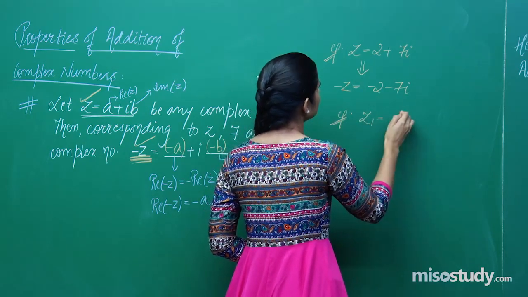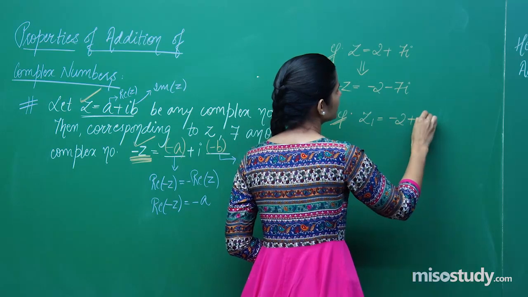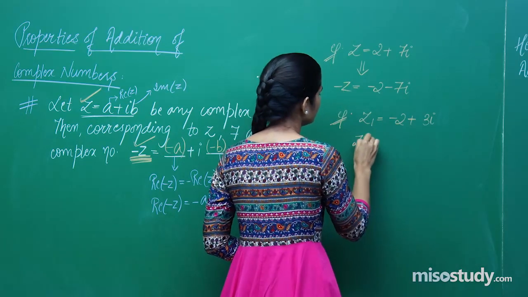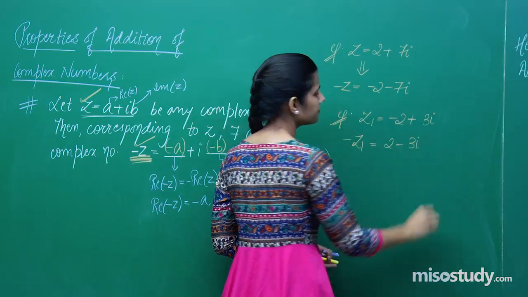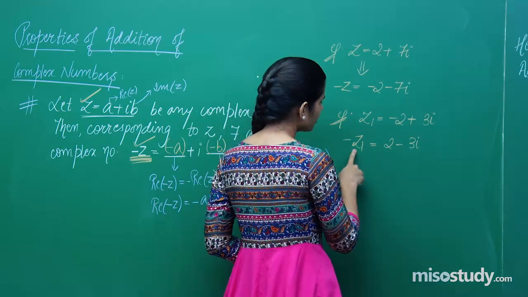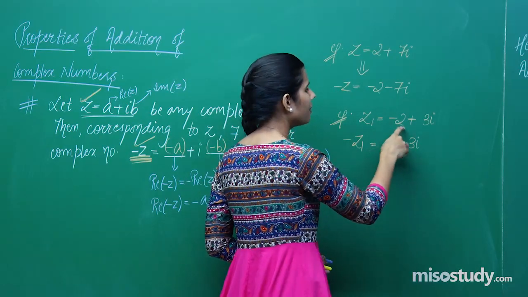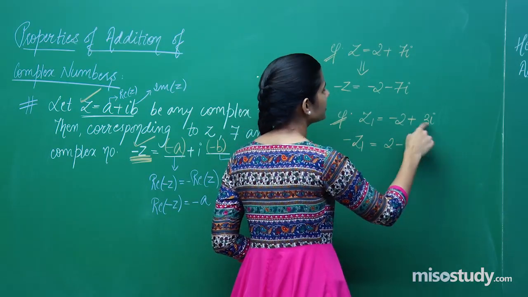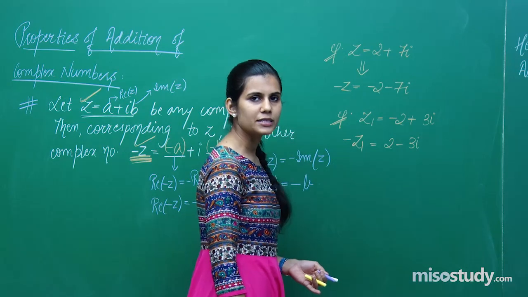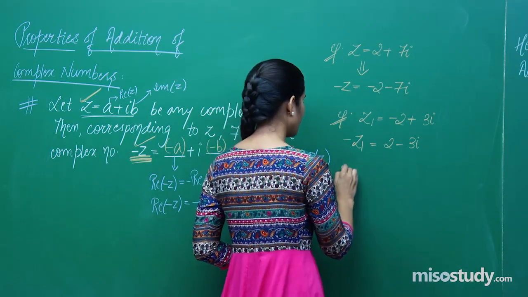If z1 is say minus 2 plus 3 iota, then minus z1 is 2 minus 3 iota. Real part of minus z1 is minus of real part of z1. So, minus of minus 2 is 2 and imaginary part of minus z1 is minus of imaginary part of z1, that is minus 3.